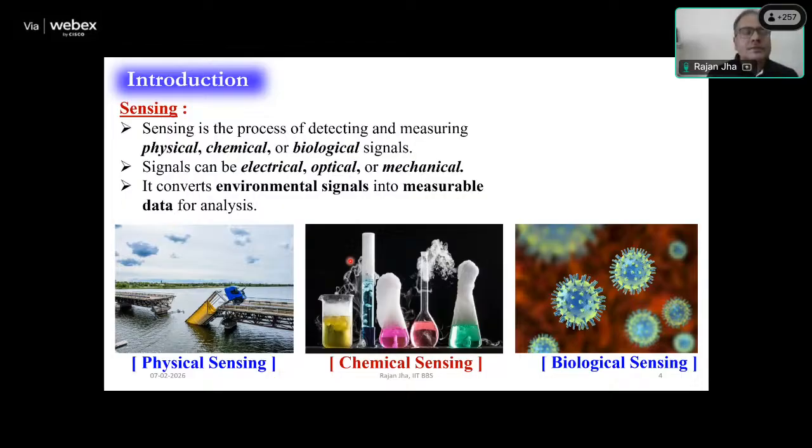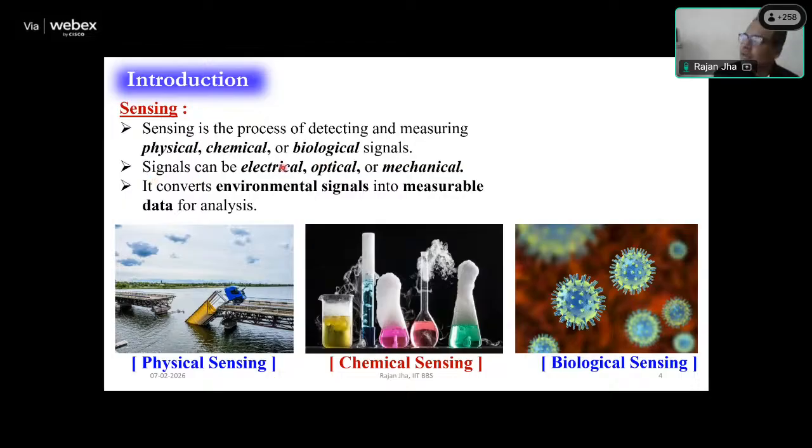So if you have to define sensing, it is a process through which we detect or measure parameters. It can be a physical parameter, a chemical parameter, or a biological parameter. In order to measure those signals, you use one of these techniques.